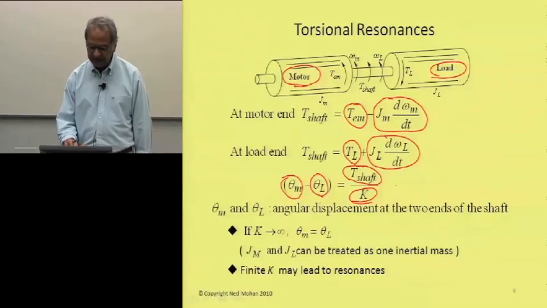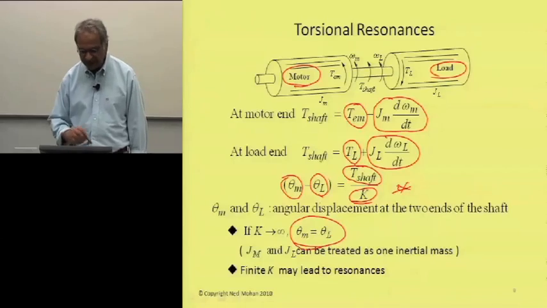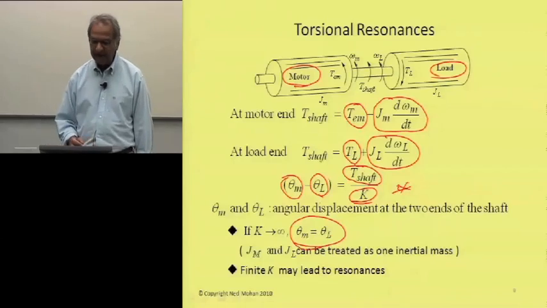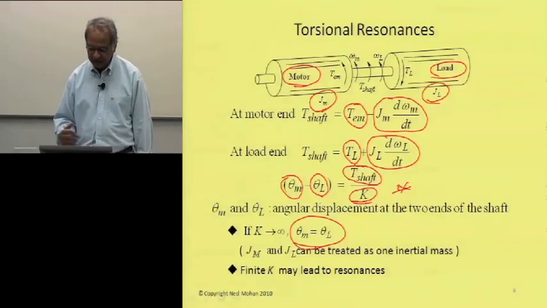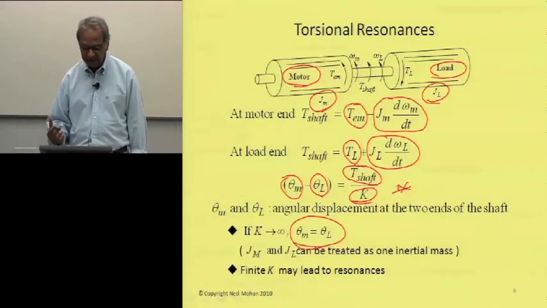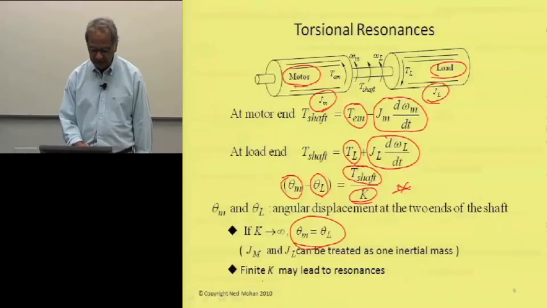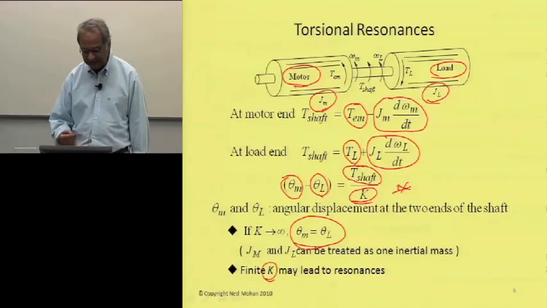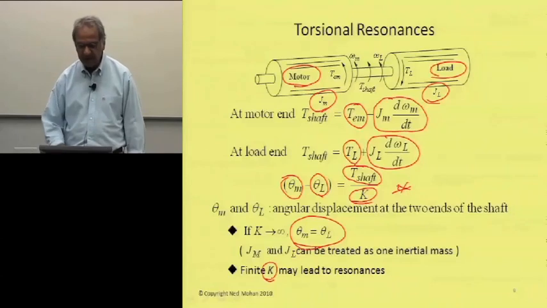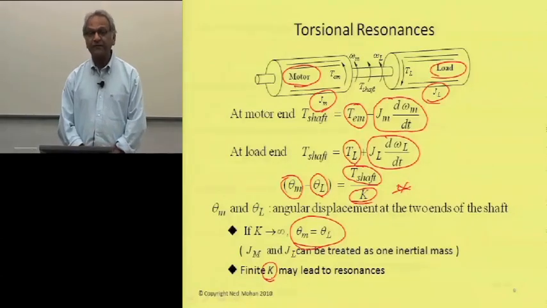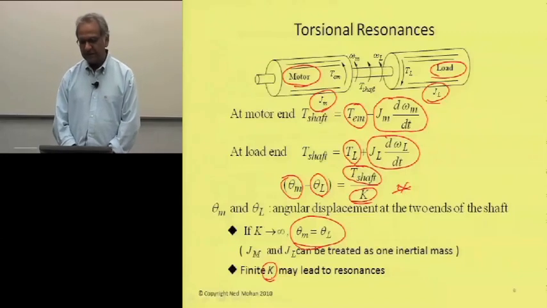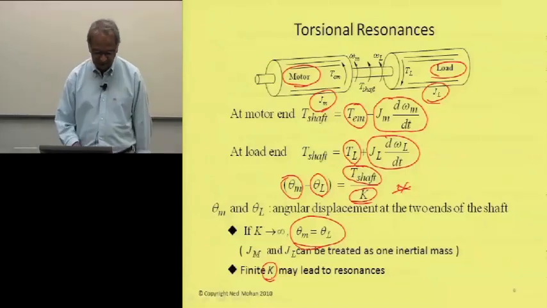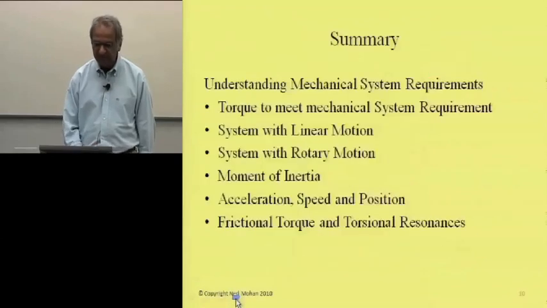Then, as you can see from this equation, the angular displacements at both ends would be the same. And in that case, the inertia of the motor and inertia of the load can be treated as one single inertial mass. They can be combined. But if this k is not infinite and is finite, then there could be mechanical resonances. The shaft acts like a spring. And in that case, there are conditions under which we can get large oscillations. So we have to avoid it.